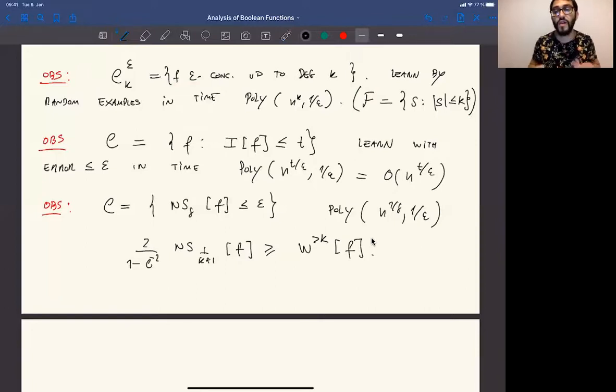And then again, you can use the first observation to learn that in that time.